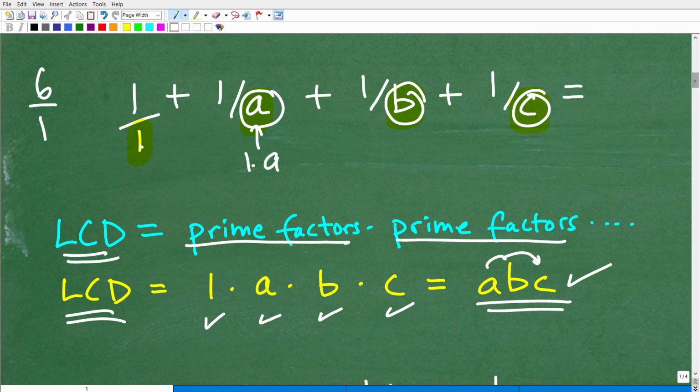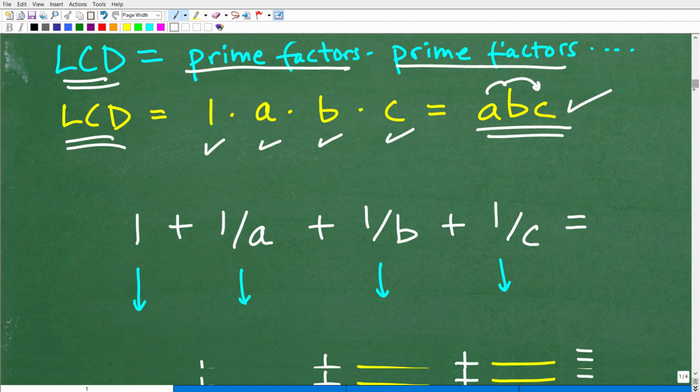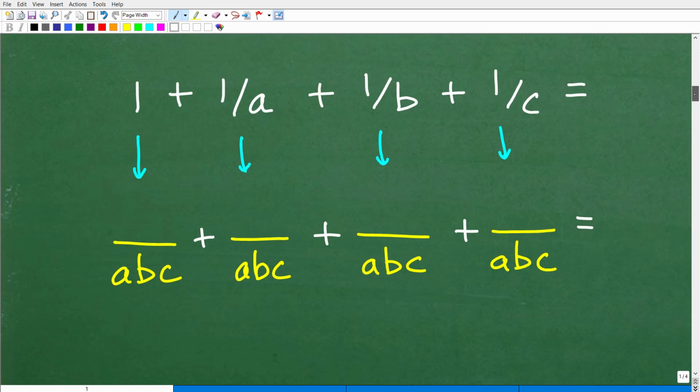All right, so let's move forward and apply that LCD now. Here we have 1 plus 1 over A plus 1 over B plus 1 over C. What does this mean? We just found the LCD. Well, that means we're going to have to rewrite each of these terms, these rational expressions, which I'll loosely refer to as fractions, such that the denominator has A, B, C in it.